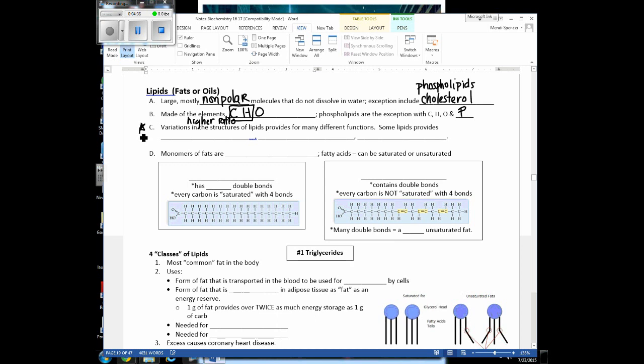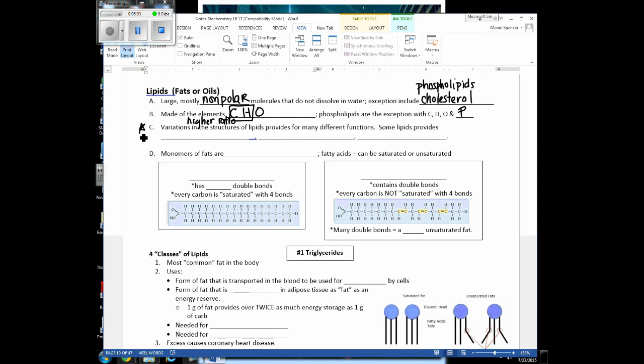This concept that I've noted here at C is a concept that you're going to see in many units. And so when you have variation, you have then molecules that can provide many different functions. And you have the ability to be more flexible and respond to a changing environment. If you have lots of molecule variations, each molecule might be able to perform a different function for you.